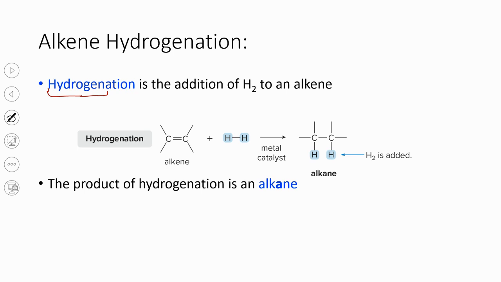So we start with an alkene. Somewhere in our molecule we have a double bond. Then we're going to add hydrogen with a catalyst that makes it go faster. And then hydrogen adds across this double bond, and we end up with an alkane. We get rid of that double bond. And this picture is on your chapter 13 notes.